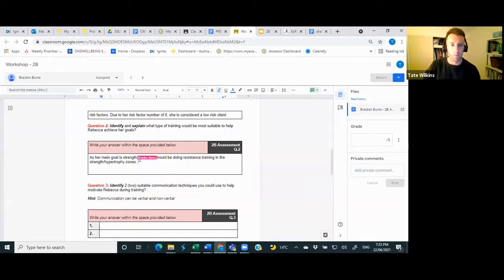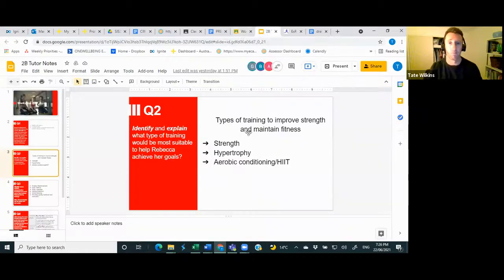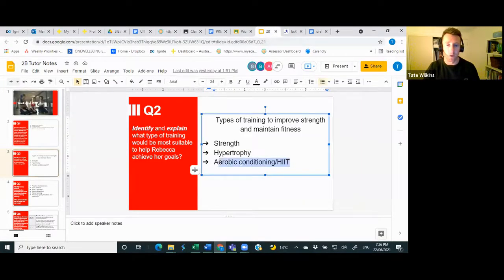We can also say Rebecca wishes to maintain her general fitness, therefore she should be incorporating aerobic conditioning/HIIT training.